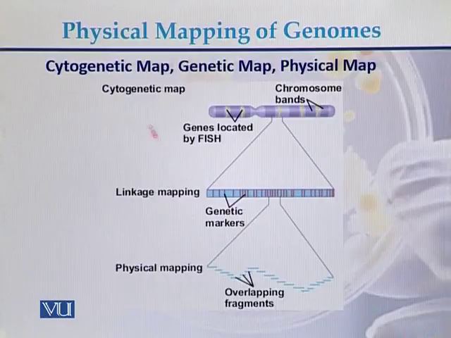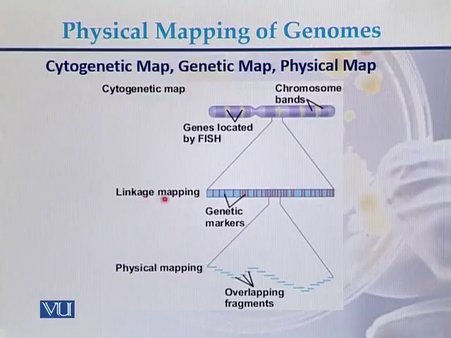Here we can see that in cytogenetic maps, genes are located by FISH and we cannot know the exact location of the genes on the chromosome. We can see the banding pattern on the chromosomes, but we cannot see the exact location of the genes.